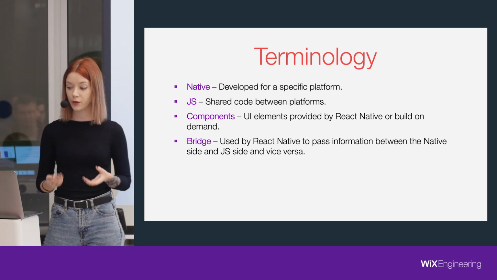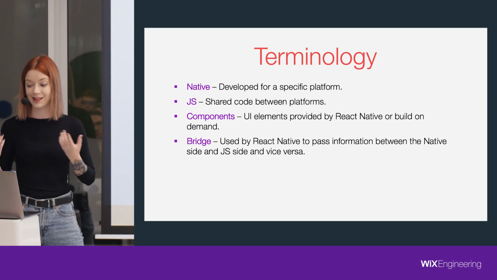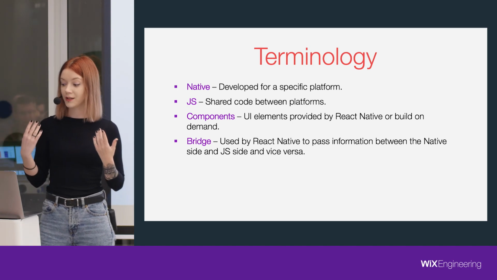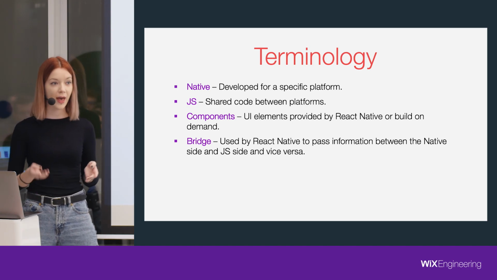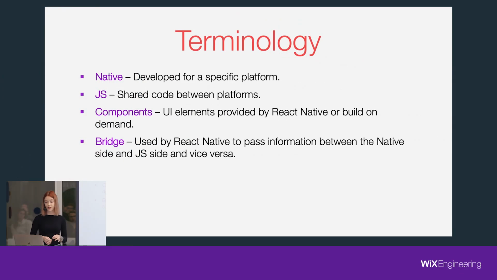JavaScript is shared code between platforms in React Native terminology, and it runs a single task at a time, and it holds all the business logic. Components are UI elements provided by React Native or built on demand, such as view, text or button. And the bridge is used by React Native to pass information between the native and JavaScript side, and vice versa. Messages over the bridge are asynchronous.